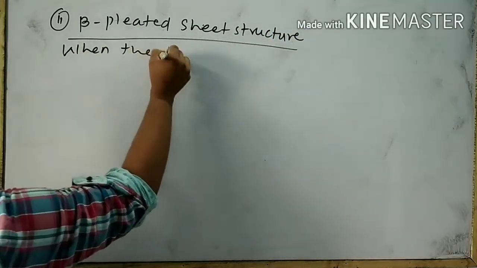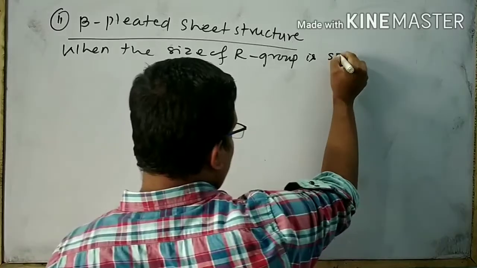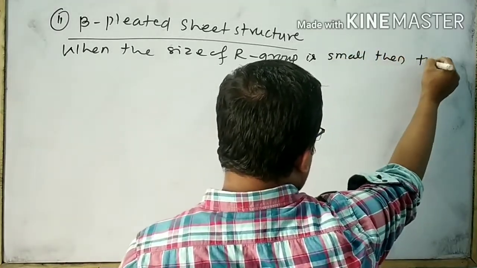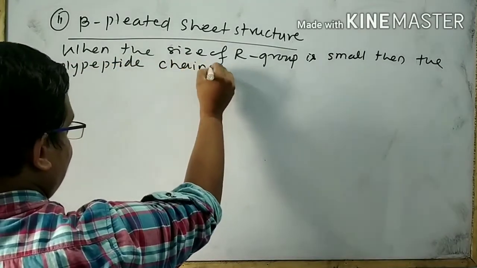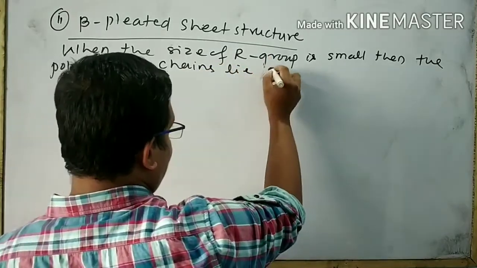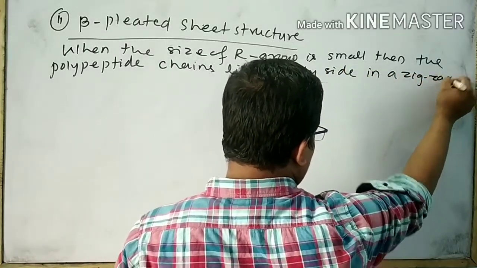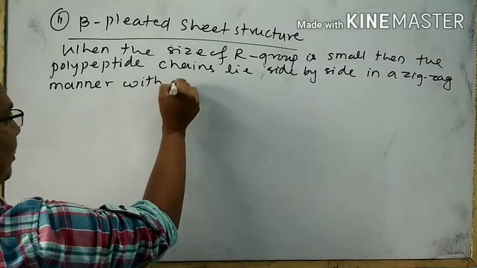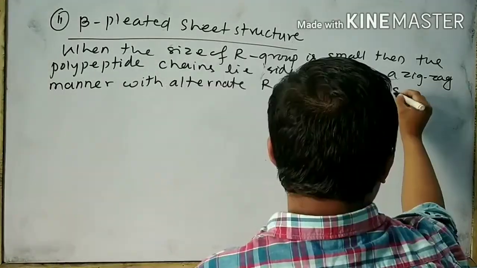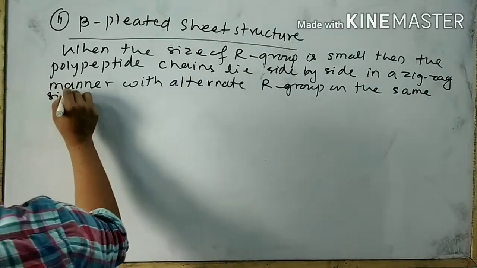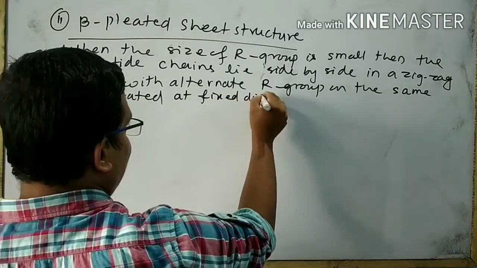When the size of R group is small, then the polypeptide chains lie side by side in a zigzag manner with alternate R groups on the same side situated at a fixed distance.